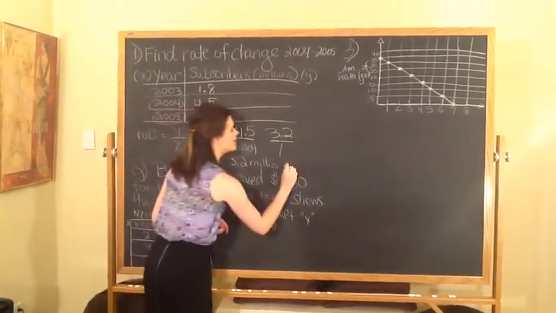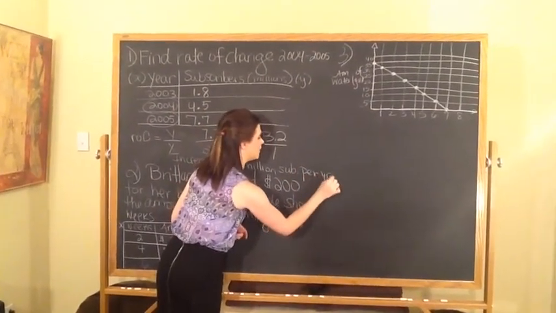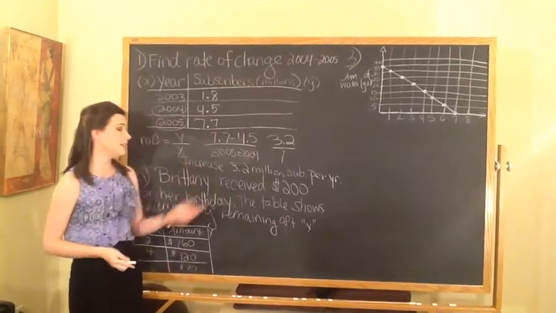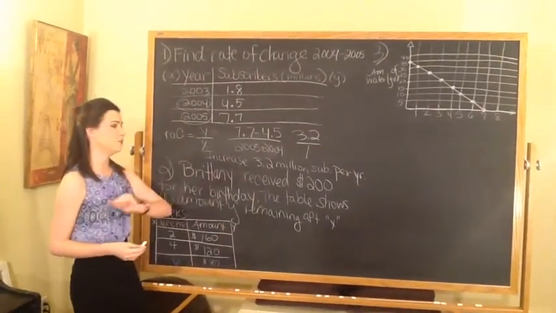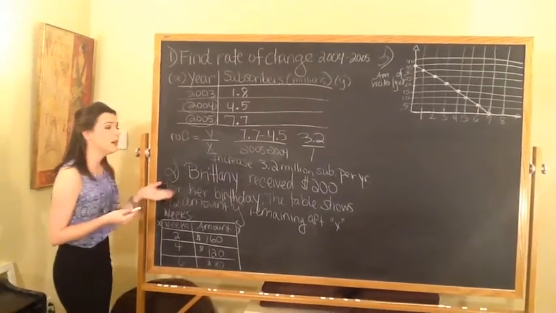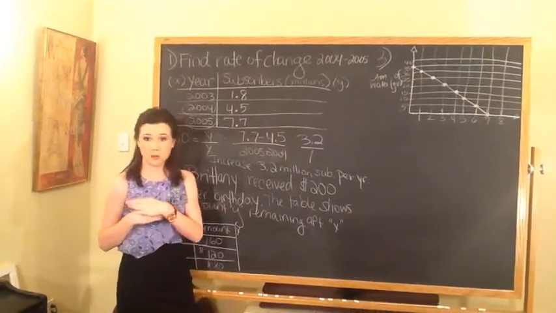Million subscribers per year. So it's increasing 3.2 million subscribers per year. We're adding 3.2 million per year. That would be a complete answer. If you just have 3.2 over 1, that does not tell me that you know what's going on at all.